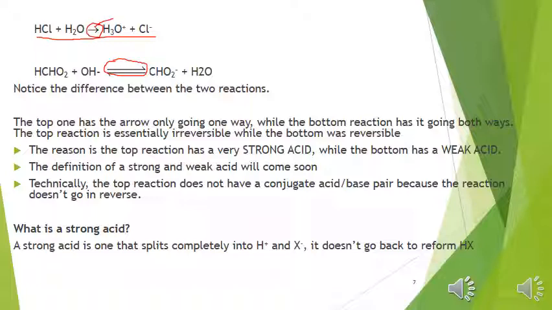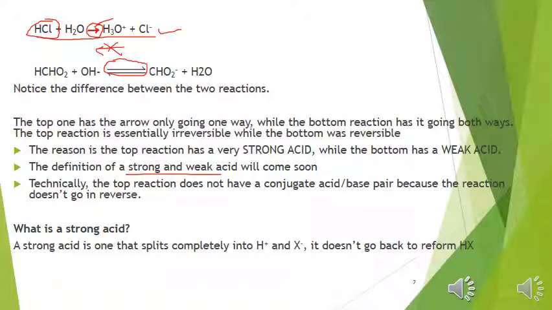While this reaction, with the arrow going only one way, is irreversible, and it can only go one direction, to the right. The reason for this is that this acid is what we consider a strong acid, and I'll be talking about that in the next slide. So in this reaction up here, since the arrow only goes to the right, it can't go back to the left.